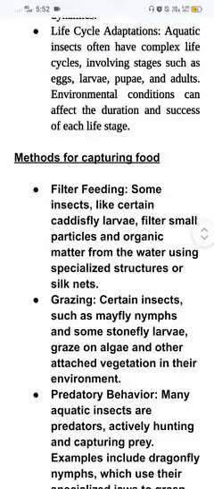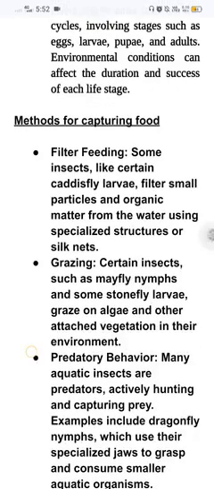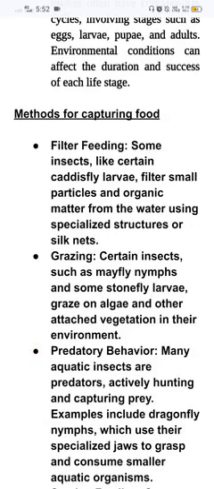The next is about food capture methods. We know aquatic insects will definitely undergo predation. Predatory behaviors will be there, filter feeding will be there, grazing will be there. So we are going to learn about all these methods for capturing food. Filter feeding.